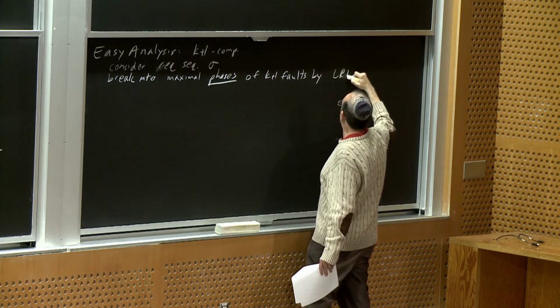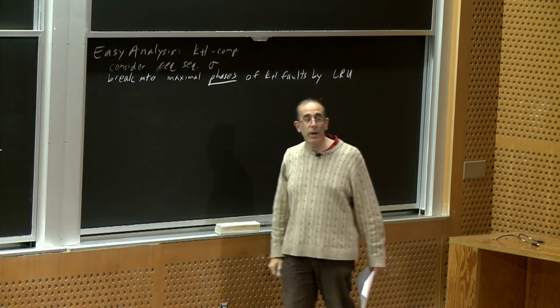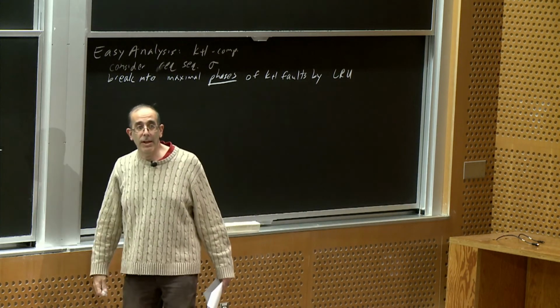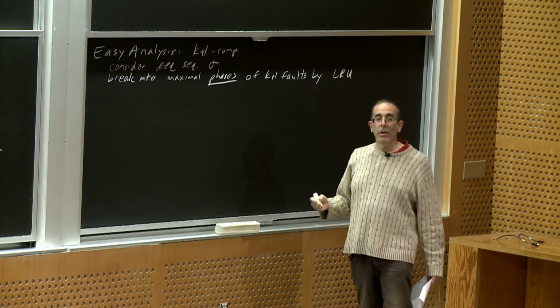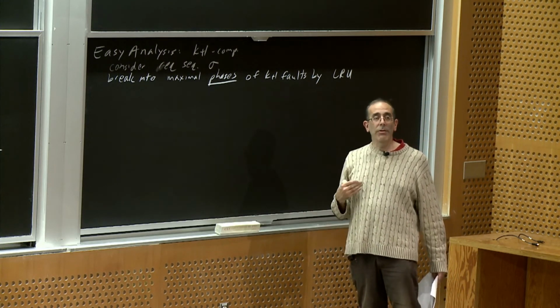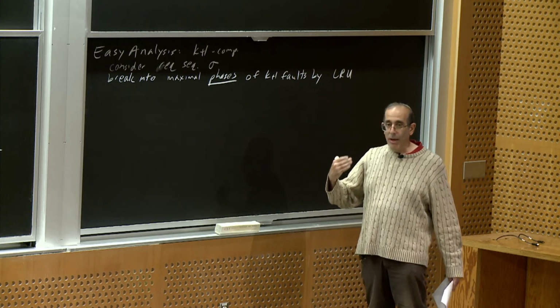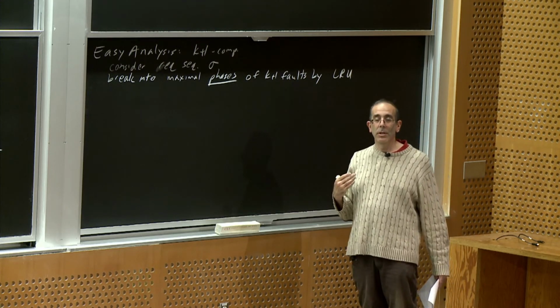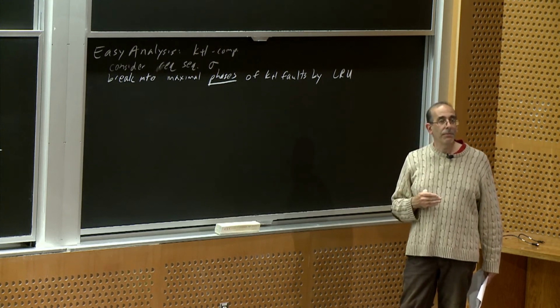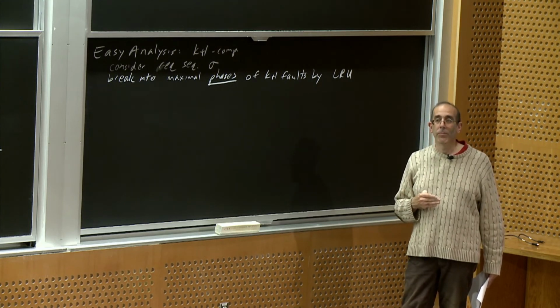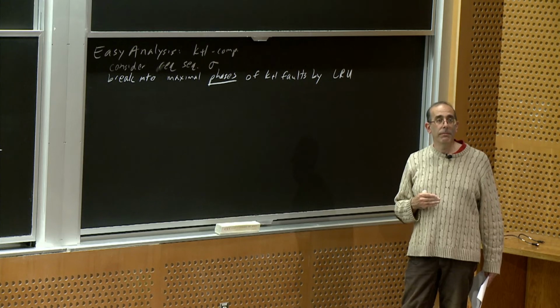So let's look at LRU. I'm going to show you the analysis for LRU. You can go back and do it for FIFO if you want to. So we consider any sequence, and we look at what LRU does. On every K+1 fault, we declare the end of a phase, and we start looking at a new phase.